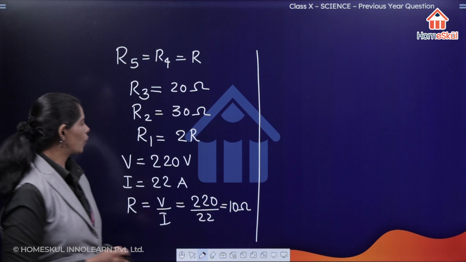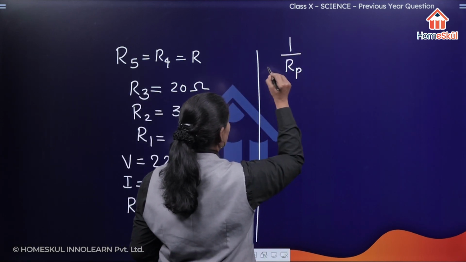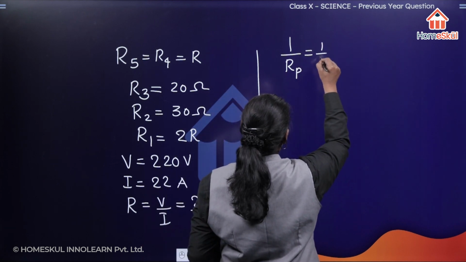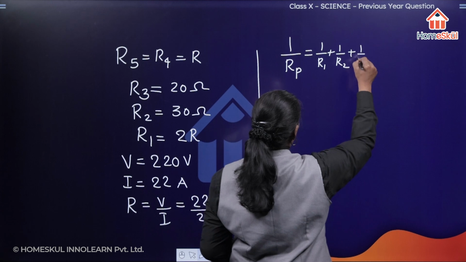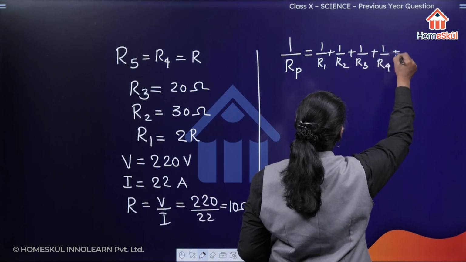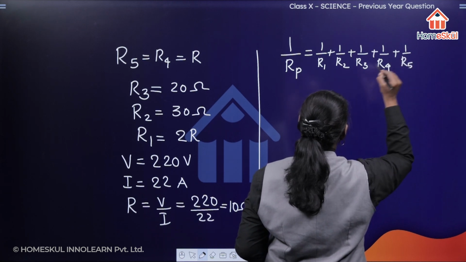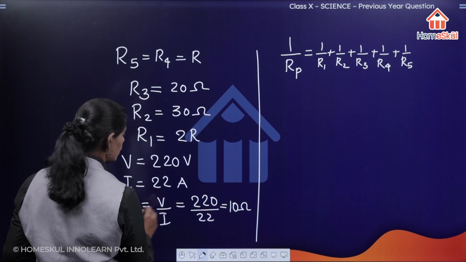Okay, so we have the formula for the parallel resistance, that is 1 by Rp equal to 1 by R1 plus 1 by R2 plus 1 by R3 plus 1 by R4 plus 1 by R5, right? Substituting the values, Rp we already have as 10 ohm.